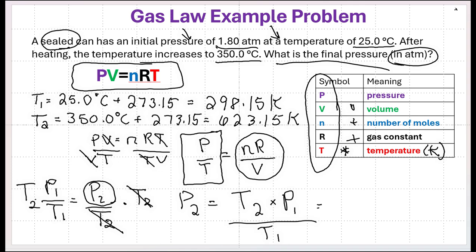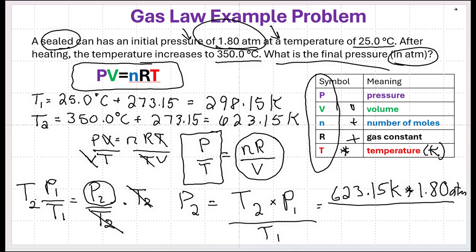So this equals, our T2 is 623.15 Kelvin. Our P1 is 1.8 atm, 1.80 atm. And then we divide by our T1, which is 298.15 Kelvin.